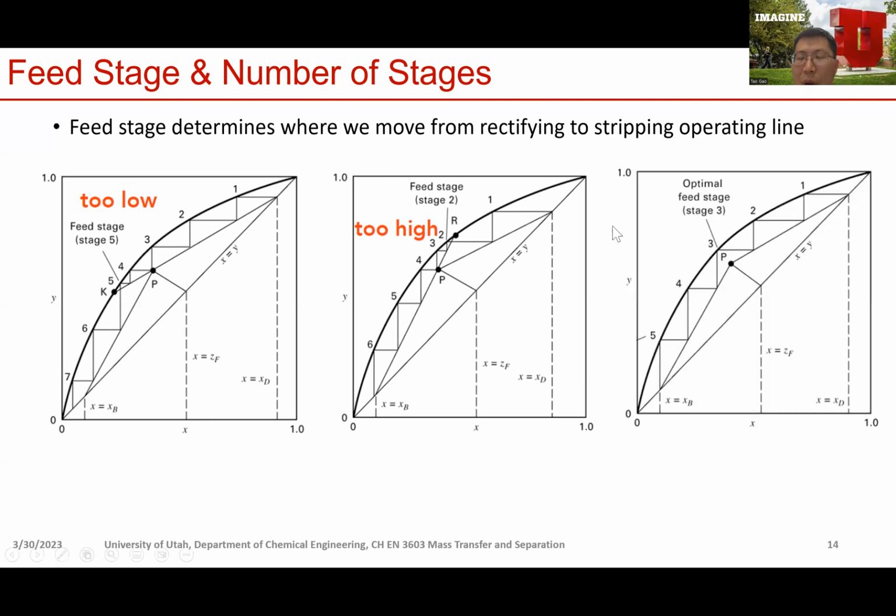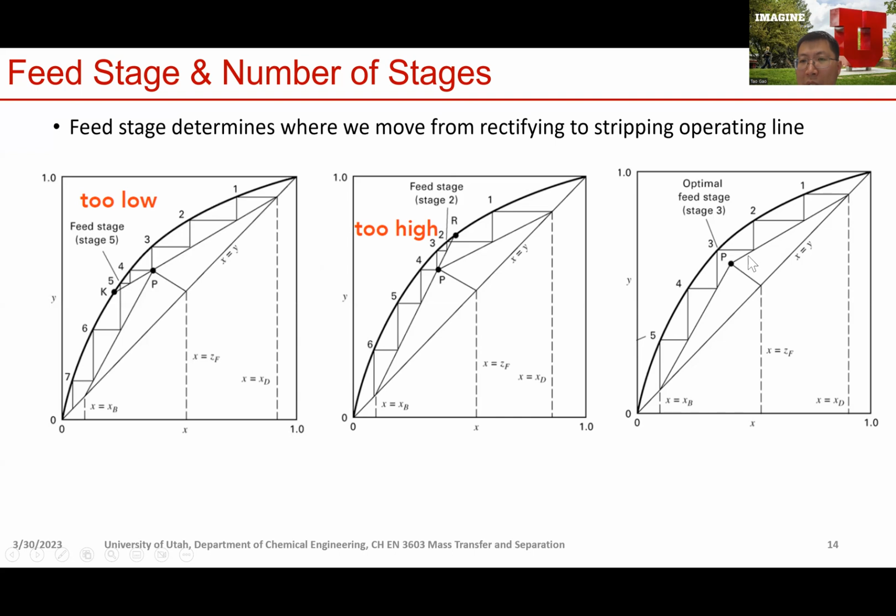So in the optimal ideal case, you want to put your feed stage as close as possible to the point P, that's the intersection of the operating lines with the q line. So in this case, you can achieve the same separation outcome with only 5 stages, instead of 6 or instead of 7.